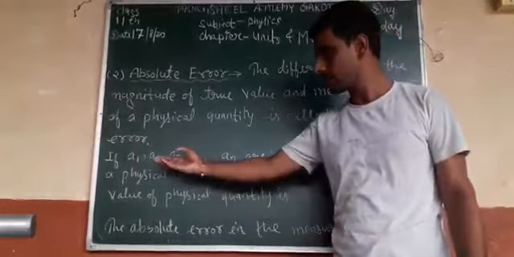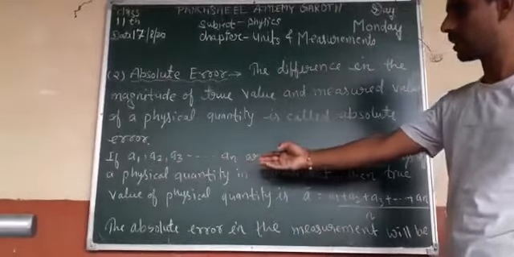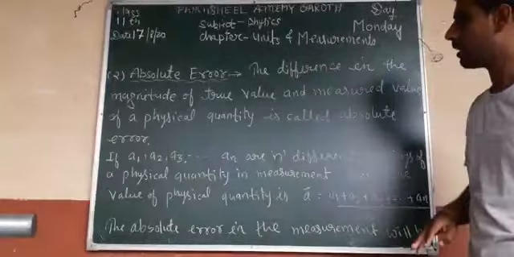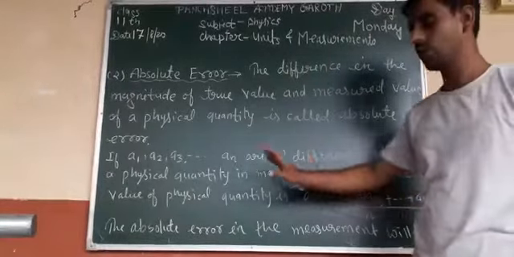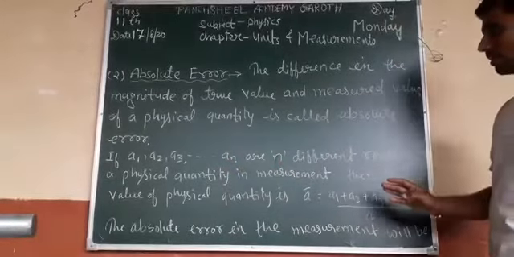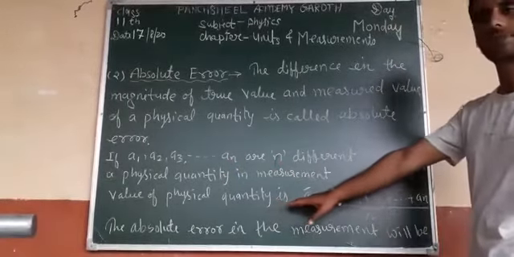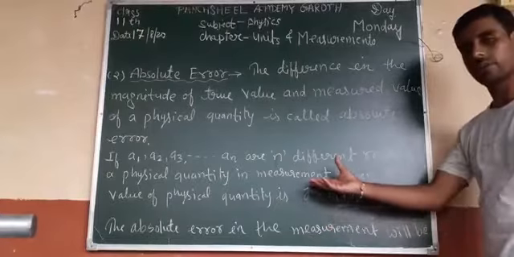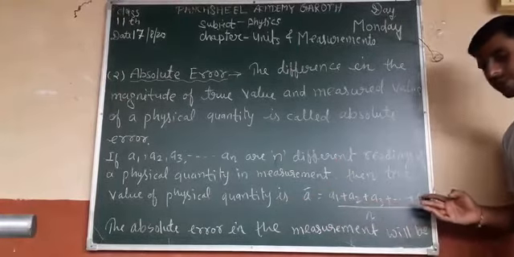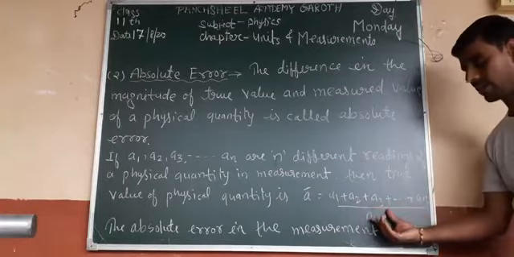Suppose A1, A2, A3 ... AN are n different readings of a physical quantity in measurement. Then the true value of the physical quantity, as we calculated earlier, is A bar equals A1 plus A2 plus A3 plus ... plus AN upon N.